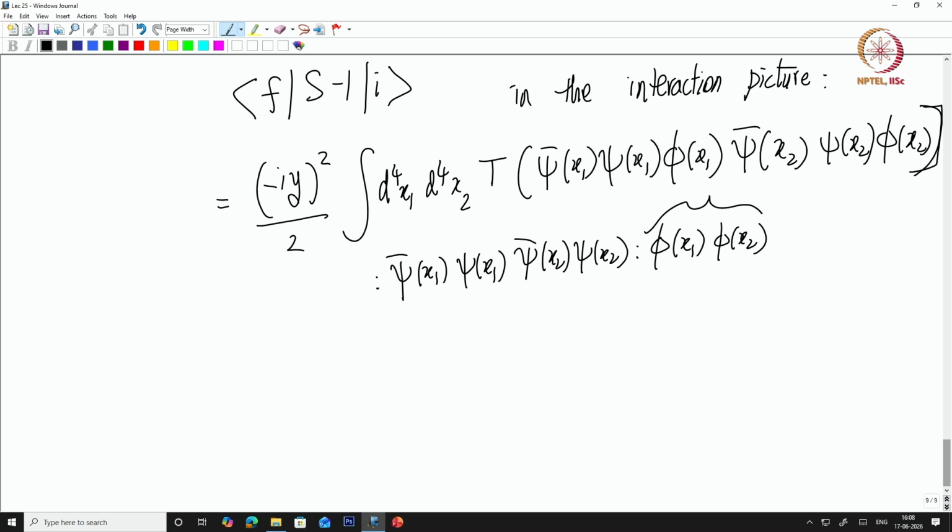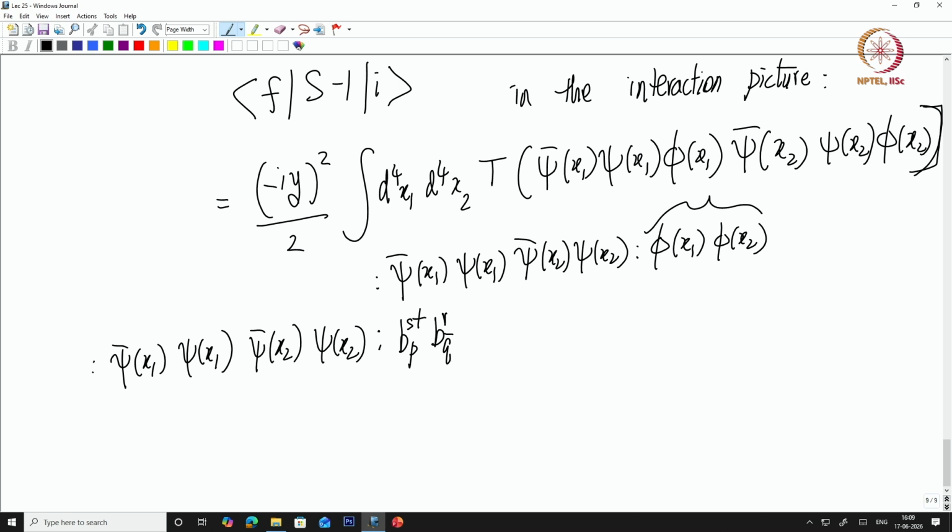So for example, psi-bar(x1), psi(x1), psi-bar(x2), psi(x2), normal ordered, acting on b_P S dagger, b_Q-bar R dagger, is equal to the integral d^3k1 over (2 pi)^6 d^3k2.